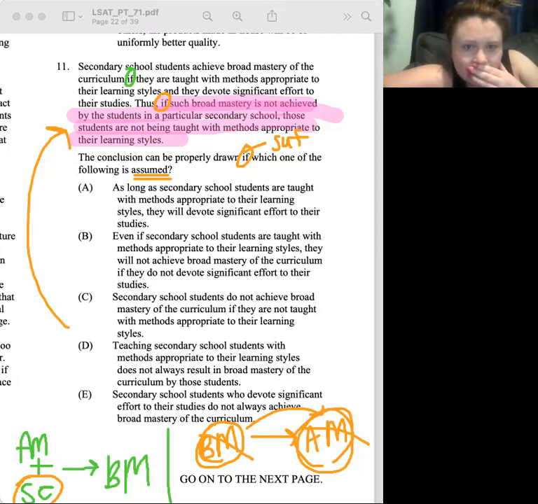B is wrong because we already know this. This is what our stimulus is saying. We're trying to guarantee our conclusion that the reason it's not achieved is because we weren't using appropriate methods. B doesn't help us get there at all.